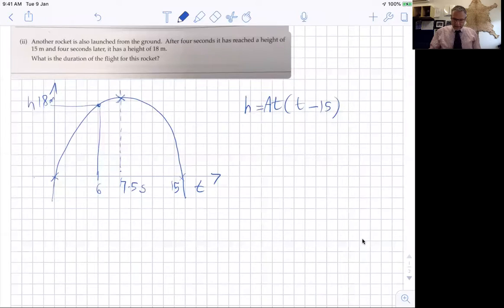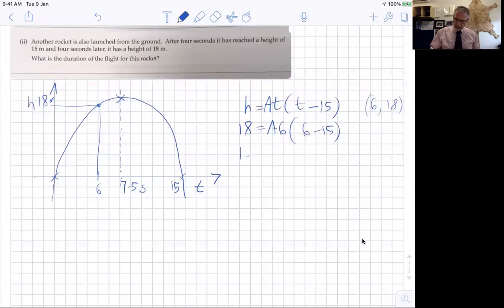So to calculate A, we put in the information that we do have. We have t is 6 and h is 18, so we can substitute that in there. 18 is equal to A times 6, 6 minus 15, and 6 minus 15 is negative 9.